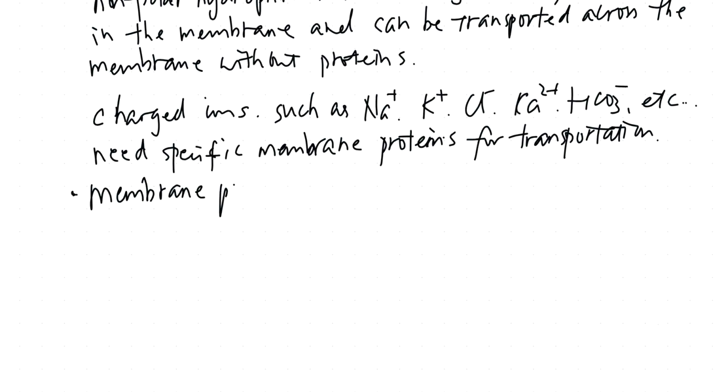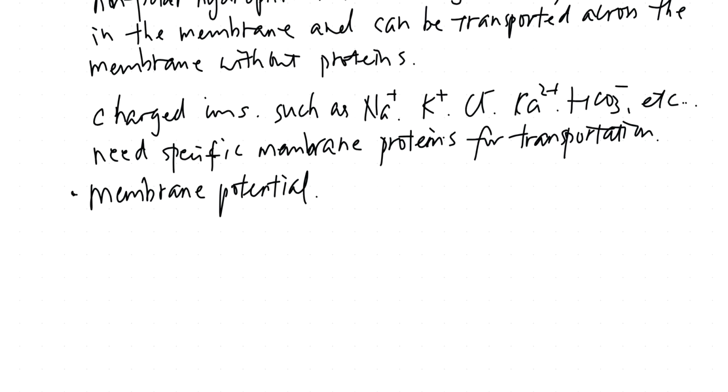Membrane potential. Because the cells inside and outside, there's a lot of electrolytes. And collectively, they contribute to the voltage difference across the cell membrane. And it's not just about the electrolytes, it's mostly because of the lipid bilayer. So we just draw the lipid bilayer.